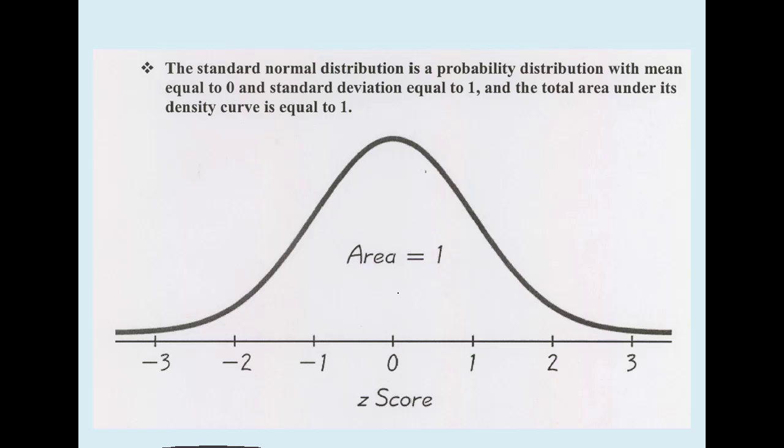All right, here's the normal curve, and you guys know from before that this is the mean, so mu equals 0, and then this is 1 sigma and 2 sigmas and 3 sigmas, and each one of those sigmas stands for a standard deviation.